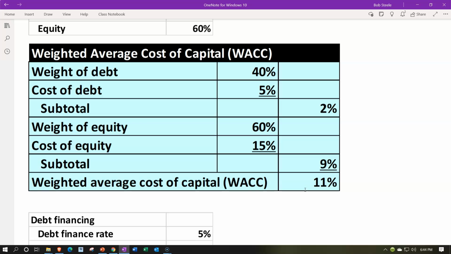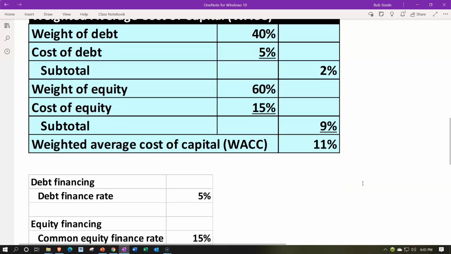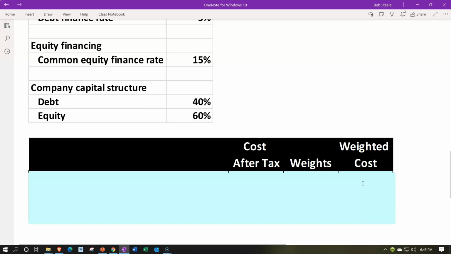In other words, when we're thinking about whether or not to take on long-term projects that will result in possibly the typical scenario, a big down front cash flow up front with the hope that we're going to have cash flows years into the future, and we're trying to present value that, then this is often going to be used for our rate that needs to be cleared in order for us to take on the project. So we'll use that possibly when doing our present valuing techniques, which typically include net present value techniques and the internal rate of return.